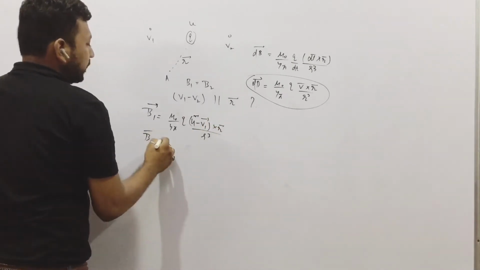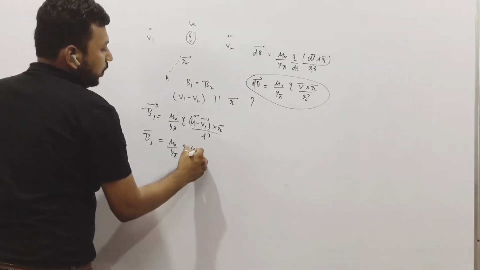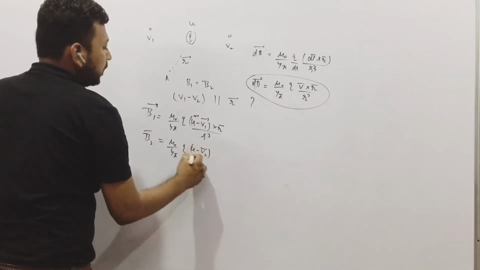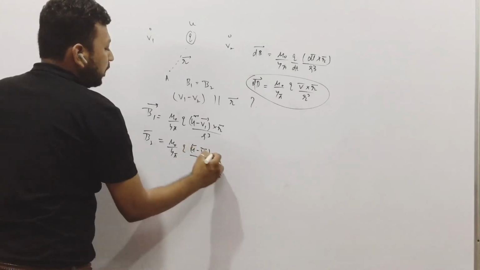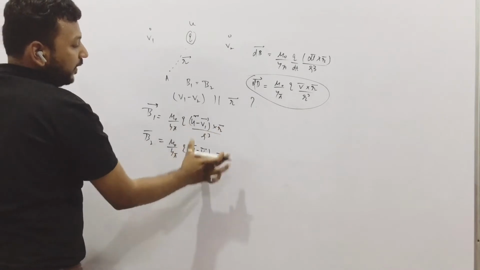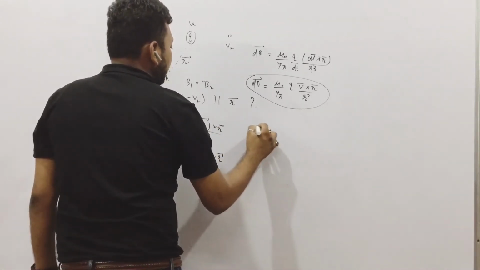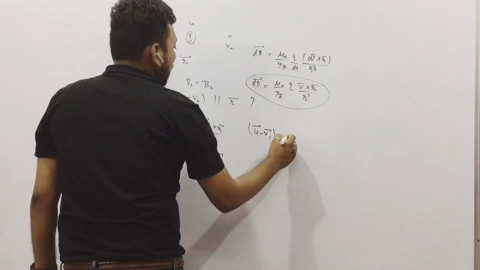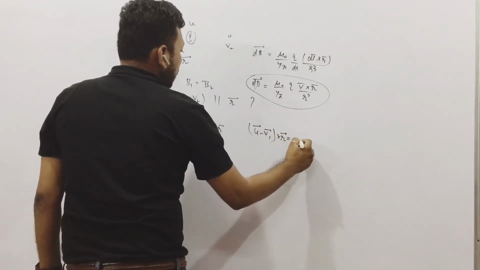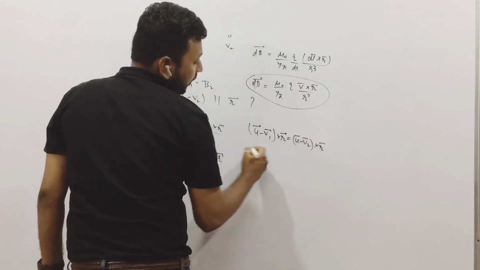Similarly, B2 will be mu0 by 4 pi q into u minus v2 by r cube cross r. Since B1 is equal to B2, we can say this whole vector is equal to this vector. So we will write u minus v1 cross r is equal to u minus v2 cross r.